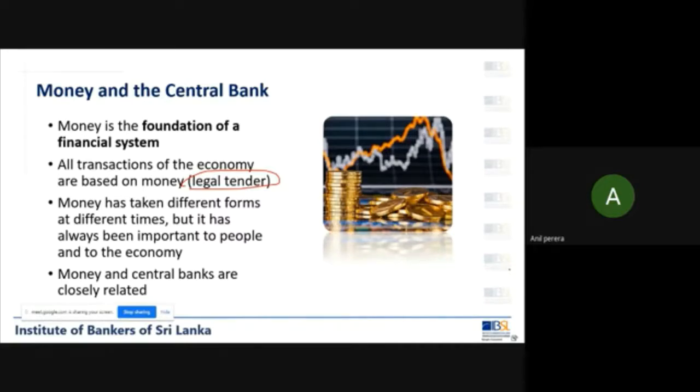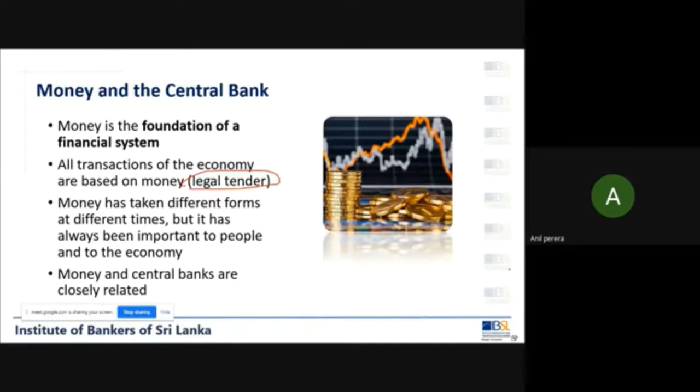That acceptance will not come by simple consensus, which means you cannot simply agree on a certain object to say it is money. For example, you take a piece of metal and you agree with the person, okay, this is money. It is basically consensus, but it doesn't happen in a society.